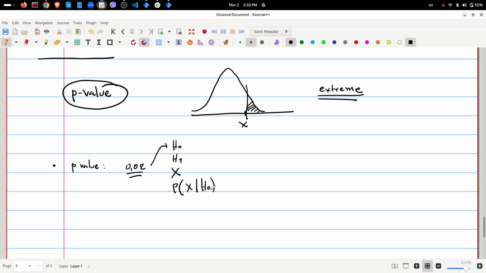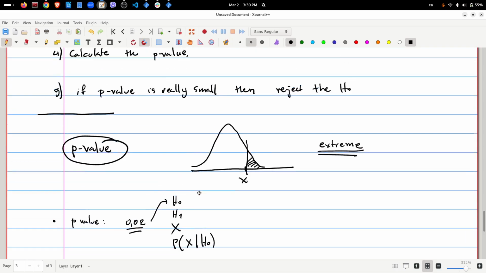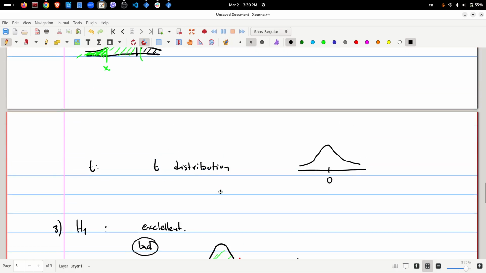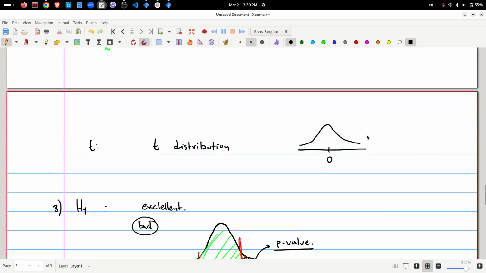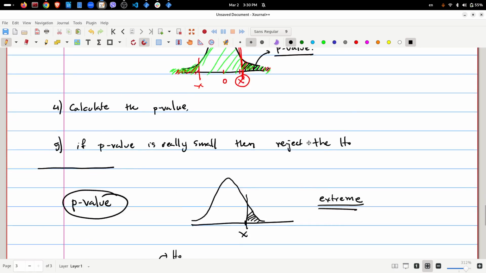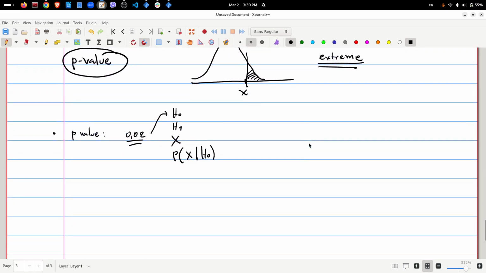This is symbolized this way, and actually is, let's say, this distribution of the marks of all students, this distribution of the statistic here, and so on. And then what is the p-value?